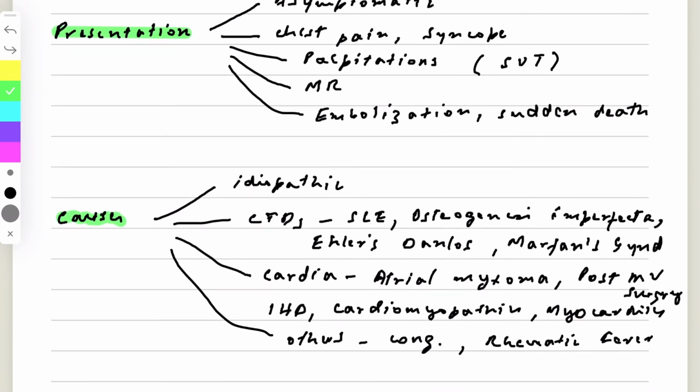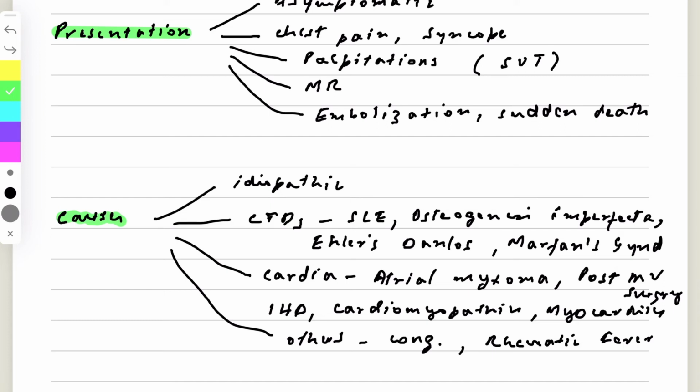What about the causes of mitral valve prolapse? First of all, it is idiopathic. Mitral valve prolapse is associated with some connective tissue diseases like SLE, osteogenesis imperfecta, Ehlers-Danlos syndrome, or Marfan syndrome. Then the cardiac causes include atrial myxoma or post mitral valve surgery.